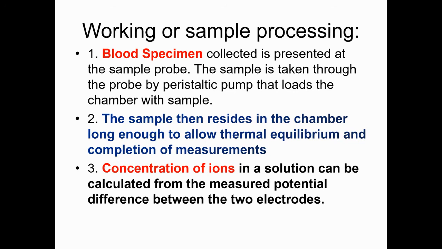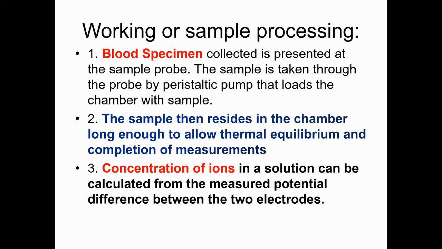What happens in the third step? The concentrations of ions. Since the sample has been absorbed by the probe and gone for thermal equilibrium, the concentration of ions will be calculated. How is the concentration of ions calculated? It is calculated from the measured potential, the potential difference measured between two electrodes.